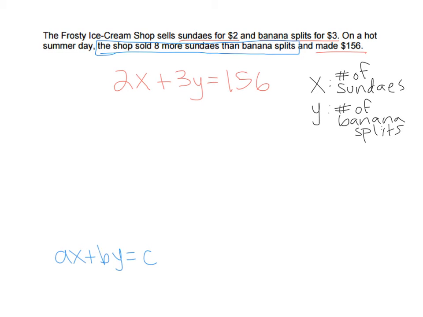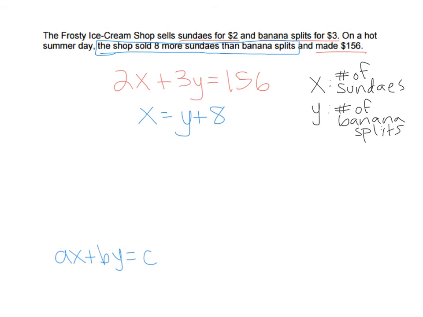So how many sundaes? Well, the number of sundaes here is going to be however many banana splits they sold plus 8 more, right? Because there's 8 more sundaes than banana splits. So how many sundaes we sold, or the person sold, is, number of sundaes is X. So I'm going to write X, the number of sundaes sold, was however many banana splits they sold, plus 8.